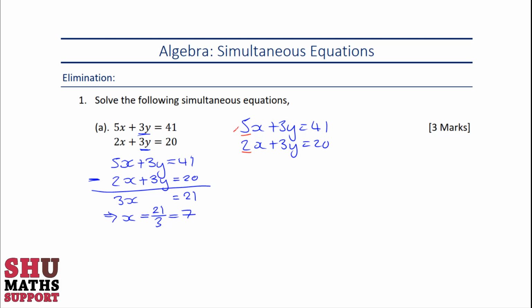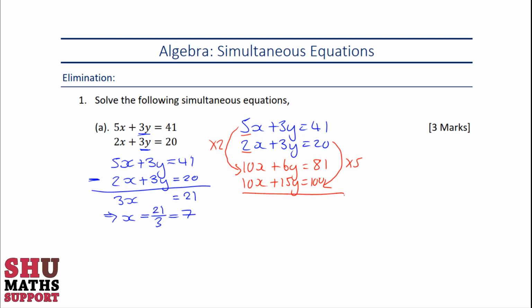So we want to multiply the first equation by 2, which would give us 10x plus 6y is equal to 82. And then we want to multiply the second equation by 5, which would give us 10x plus 15y, which is equal to 100.